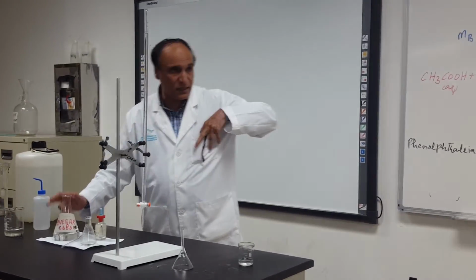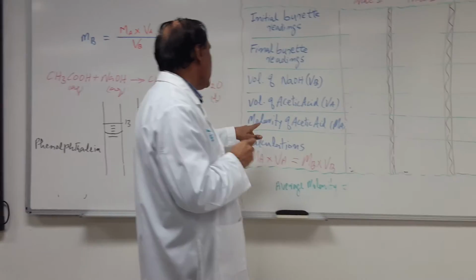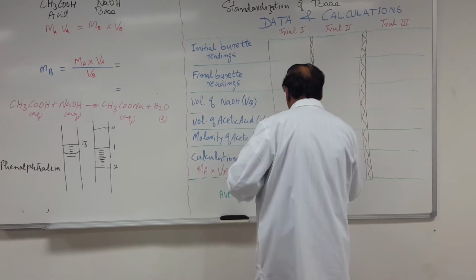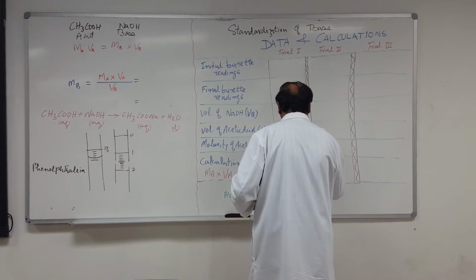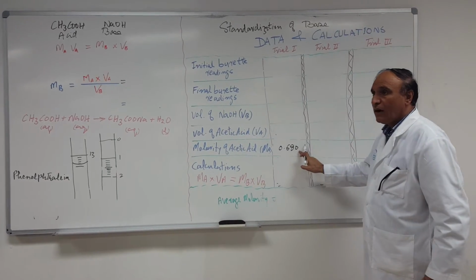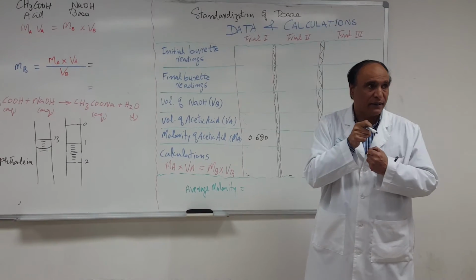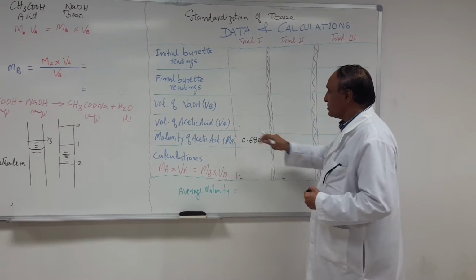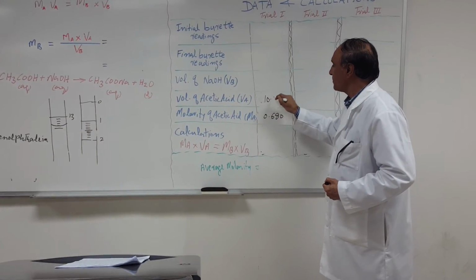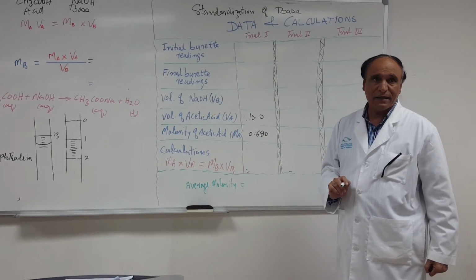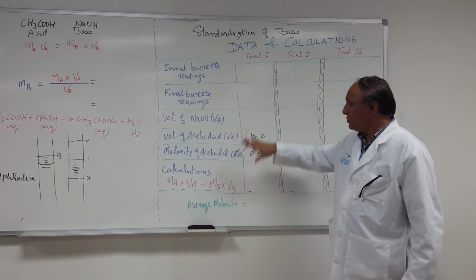So this is molarity. 0.680. Right? How much acid did I take with the pipette? 10 milli. So the volume of the acid is 10. Did you understand? Yeah. Whatever you do, you write over here.